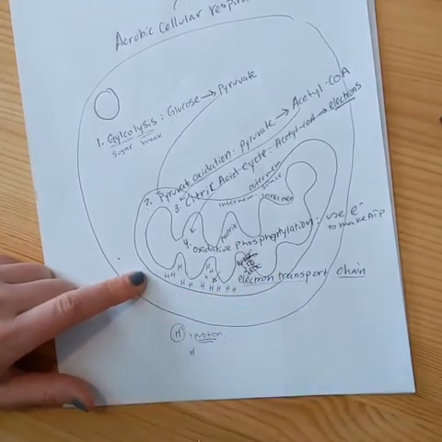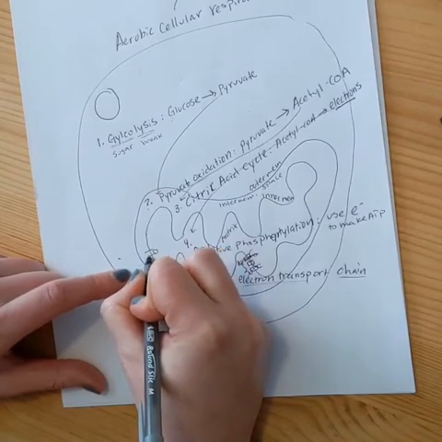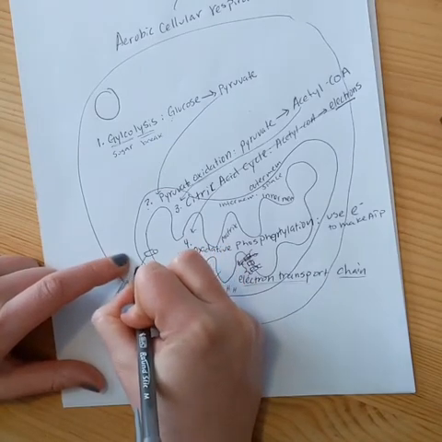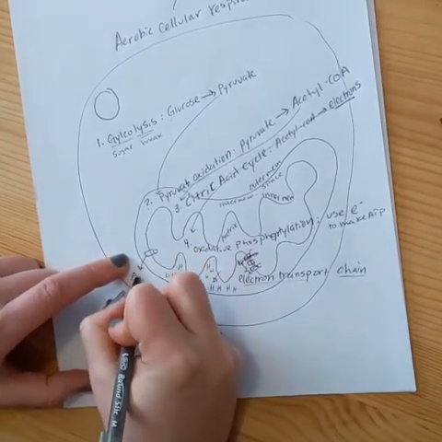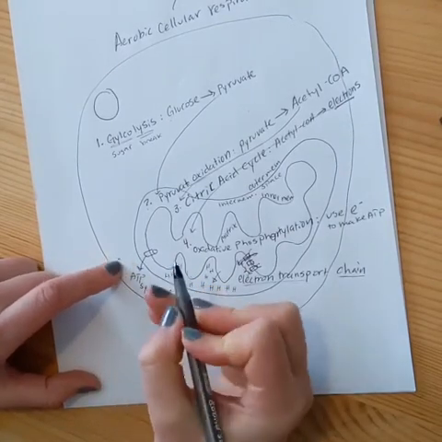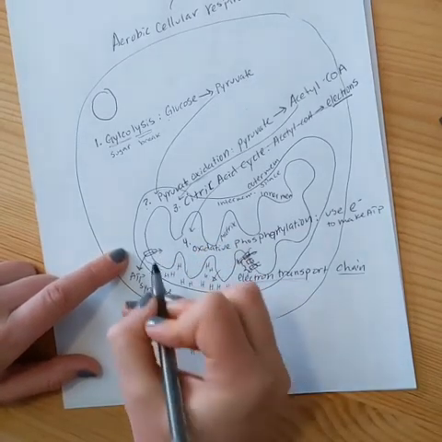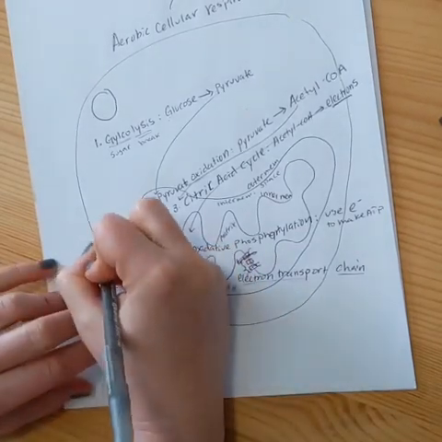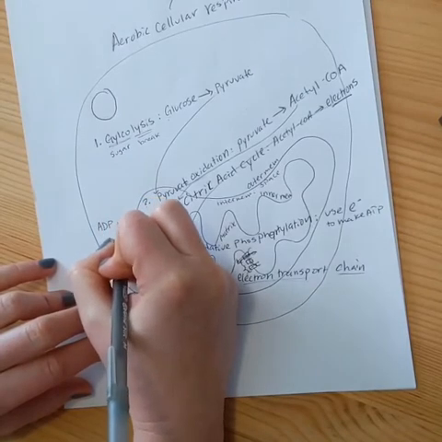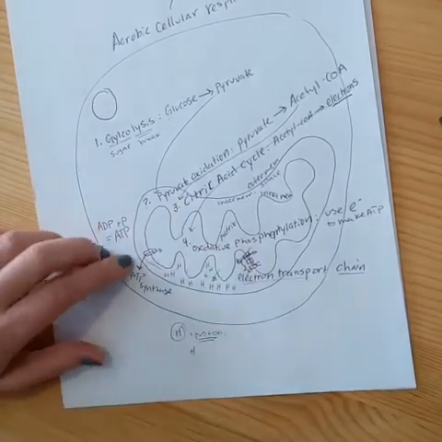All these little protons here are super crowded. The concentration gradient is high, and the only way they can get out is through a molecule called ATP synthase that we talked about earlier. ATP synthase allows the hydrogen to go back into the matrix, and as it does, it takes ADP and a phosphate and it shoves them together and it makes ATP.